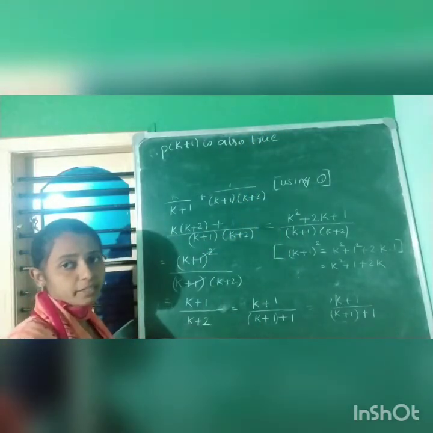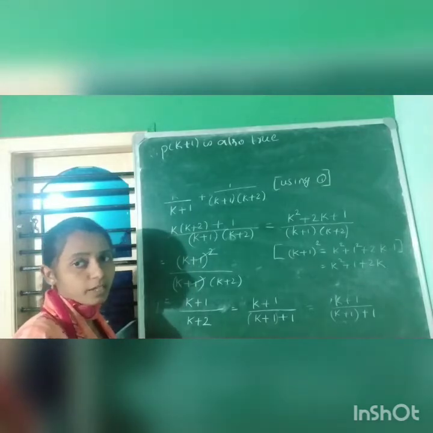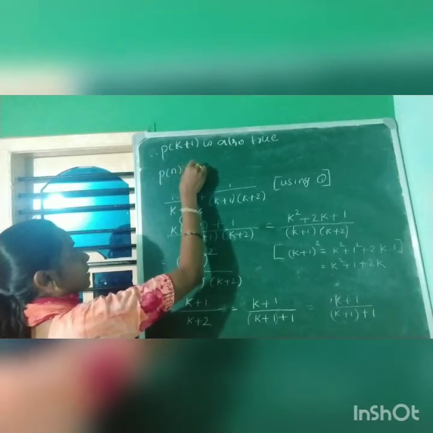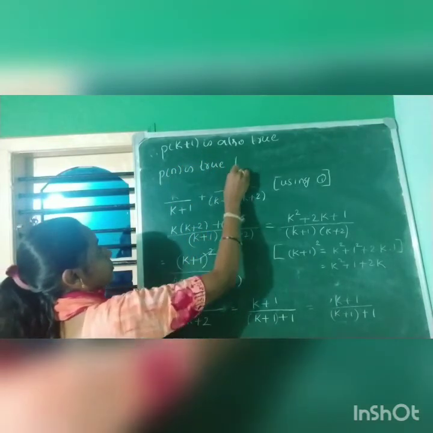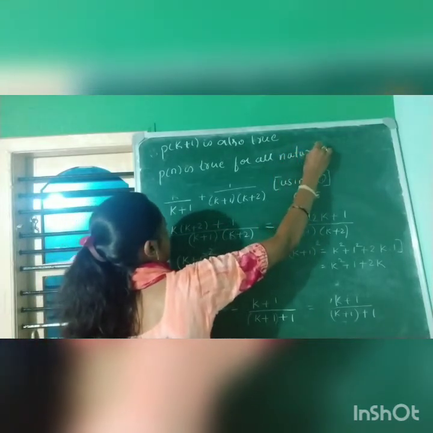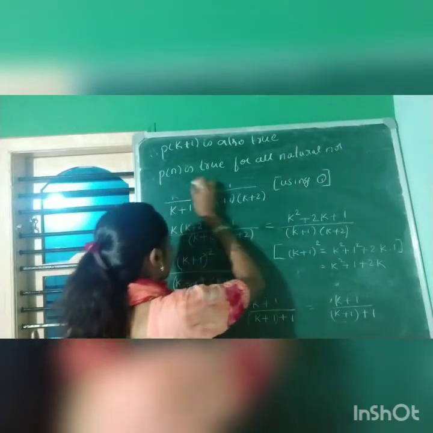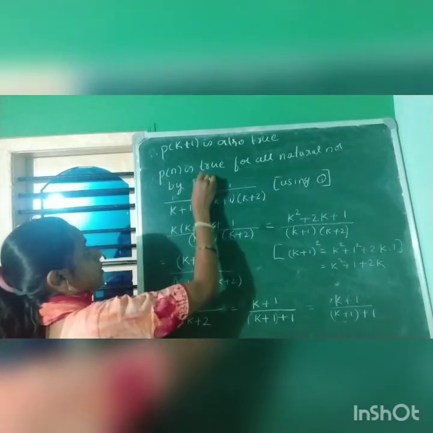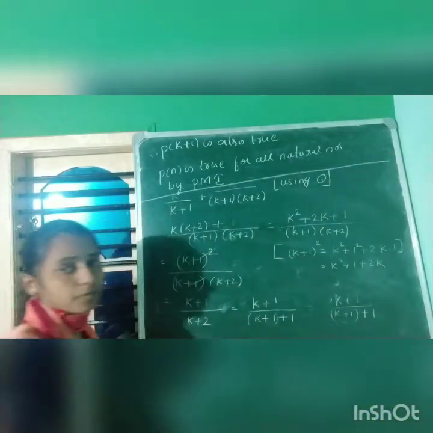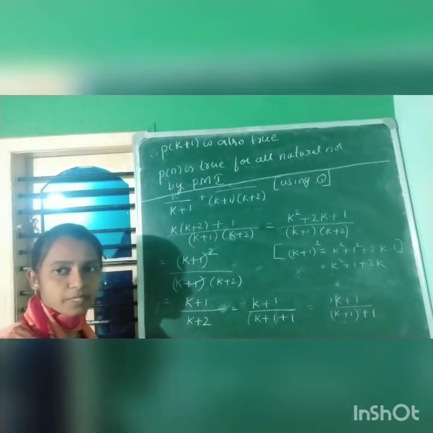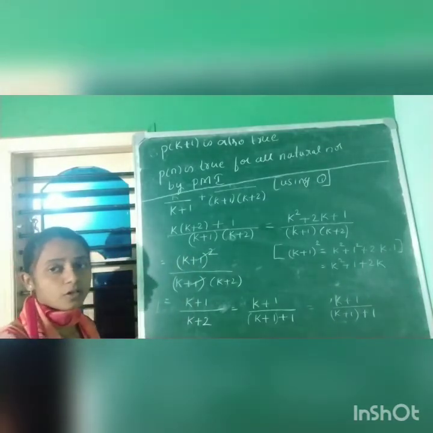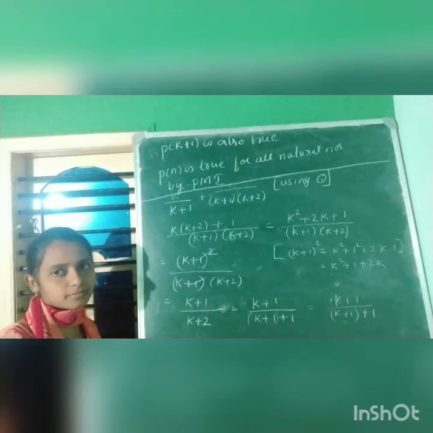Once this statement is true even for n equal to k plus 1, you can conclude the problem like, therefore P of n is true for all natural numbers by principle of mathematical induction. PMI is the short form of principle of mathematical induction. This completes the problem.